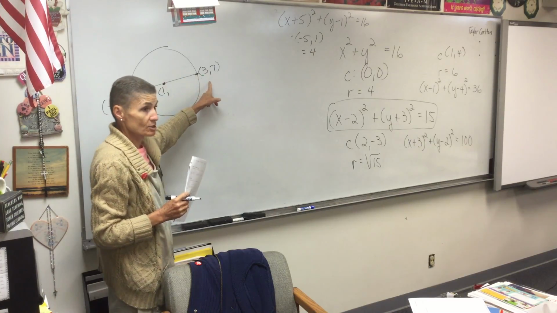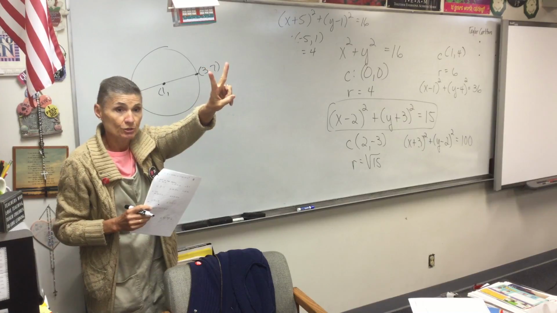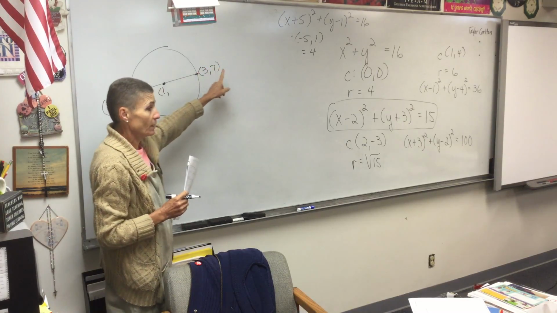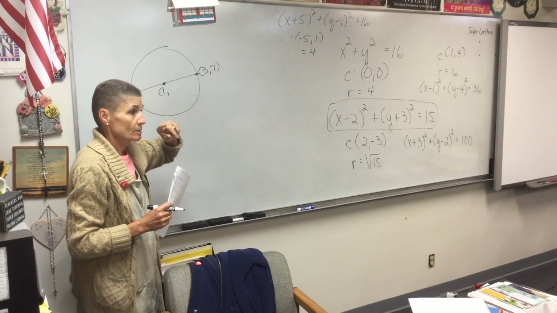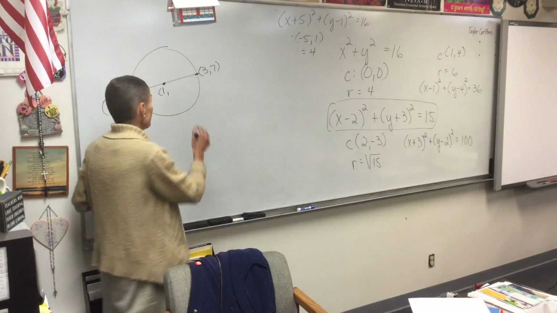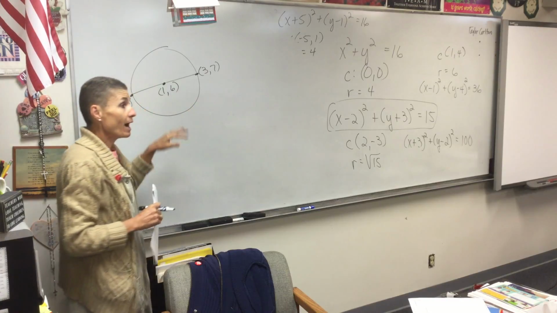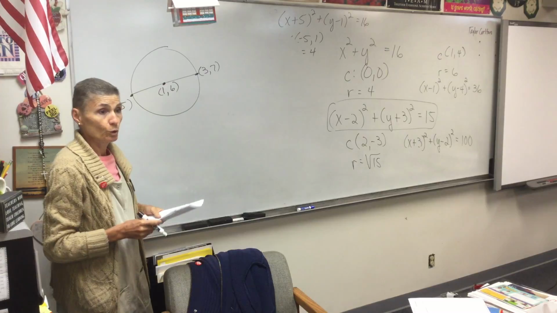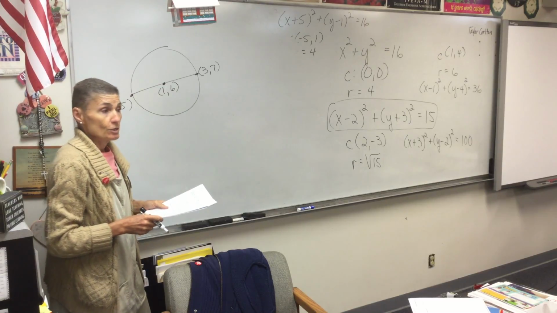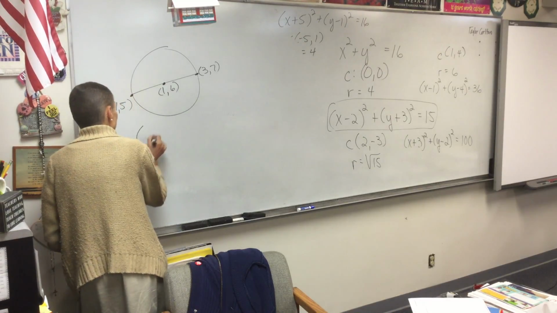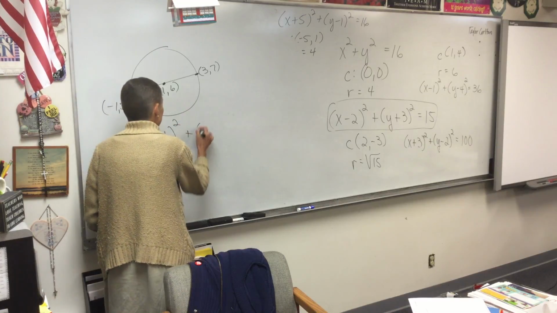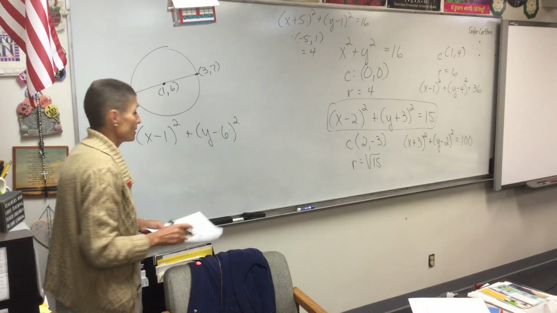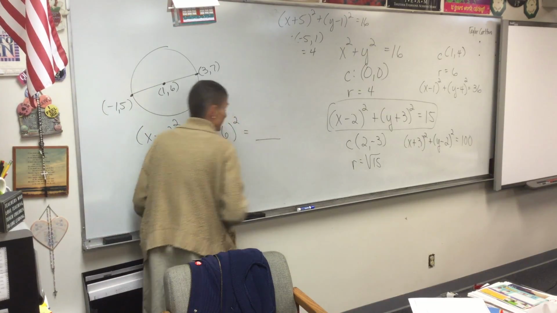What's negative 1 plus 3? 2 divided by 2, 1. 5 plus 7, 12 divided by 2, 6. My center is at 1, 6. Would you agree? Yeah. So remember, you're writing an equation. So x minus 1 squared plus y minus 6 squared. We're almost done. The only thing we don't know is what it equals.